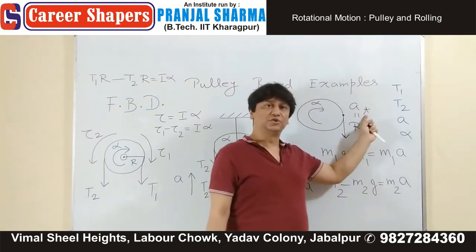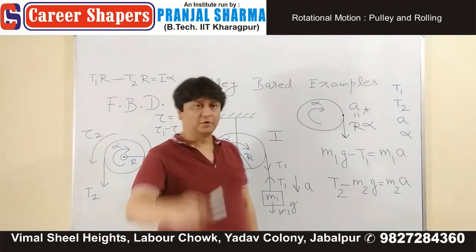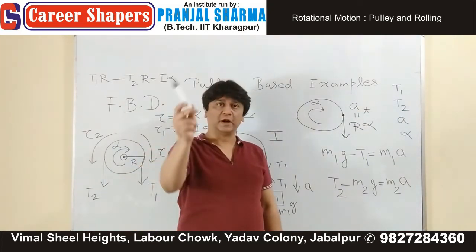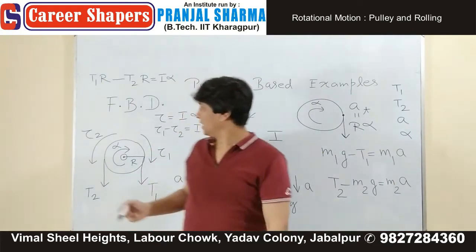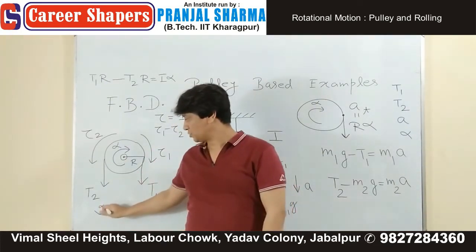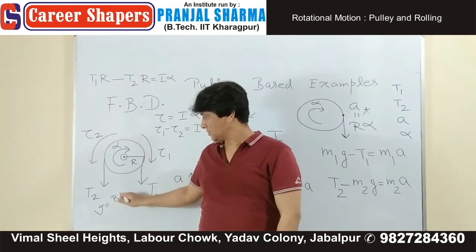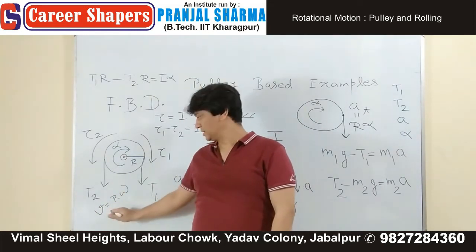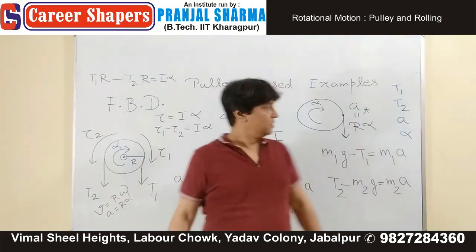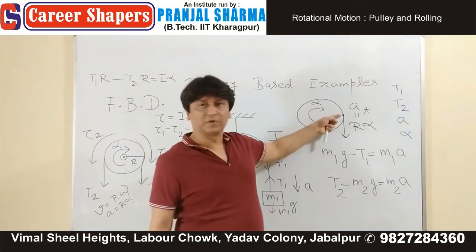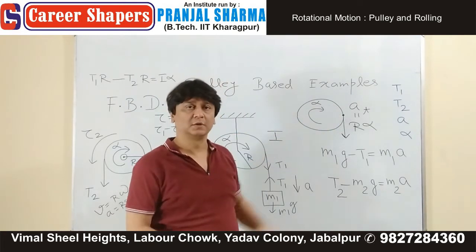This is tangential acceleration. If any body is rotating, then tangential velocity is what? We use v equals r omega, and then when you differentiate it, we get a equals r alpha. So this is the acceleration of this point downwards.